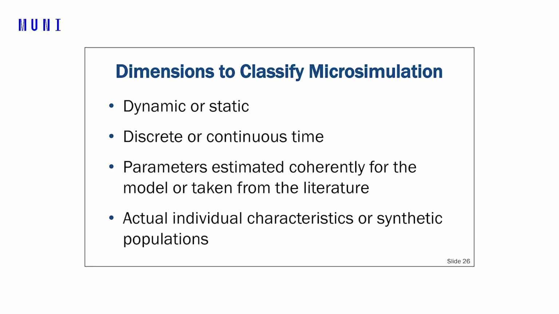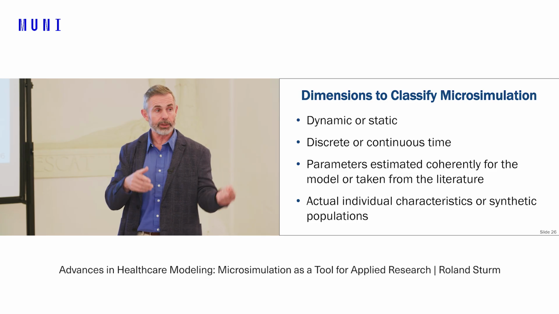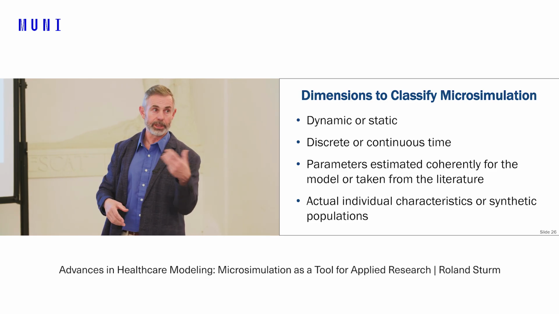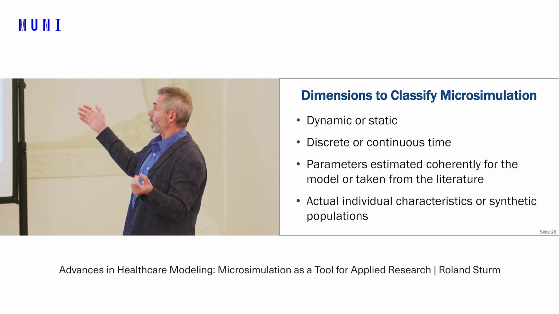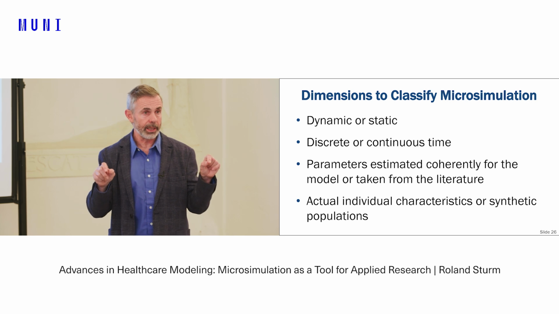If you see a new model, think about how you can classify it in terms of characteristics. Is it dynamic or static? FEM is a dynamic model, the tax models tend to be static. Is it discrete or continuous time? You're running discrete time in 2-year intervals. A lot of the cancer models would be continuous time models. Are the parameters estimated coherently from the model? You are doing this with the SHARE data.